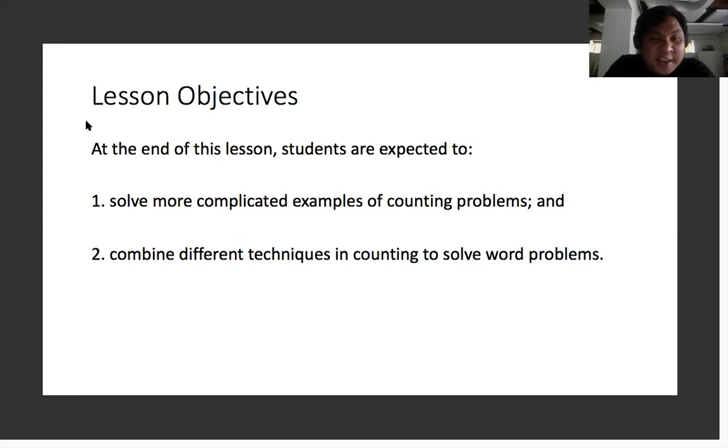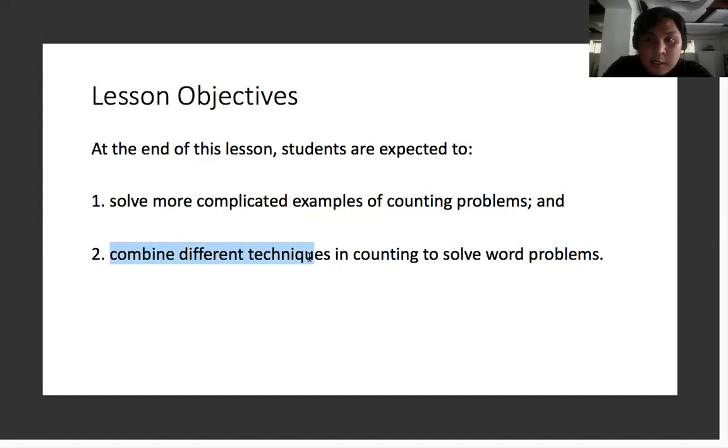At the end of this lesson, students are expected to solve more complicated examples of counting problems. This would require use of the fundamental principle of counting, permutations, and combinations, and to combine different techniques in counting to solve word problems.